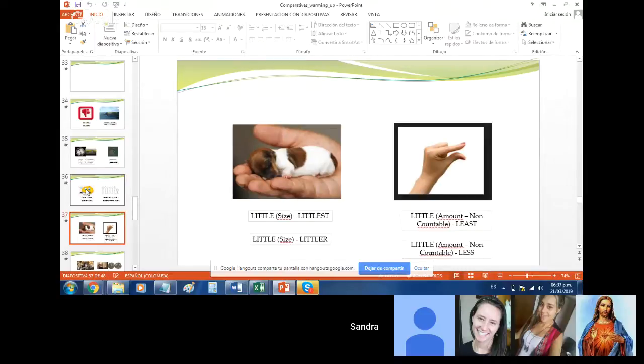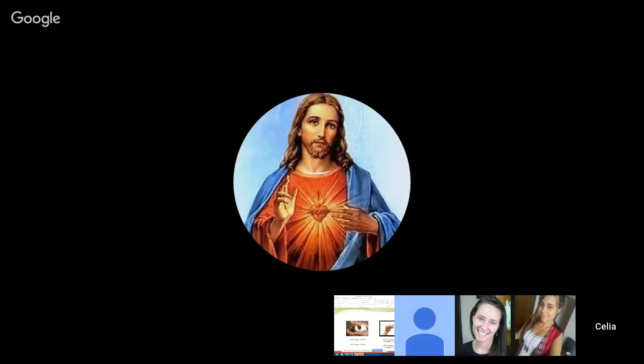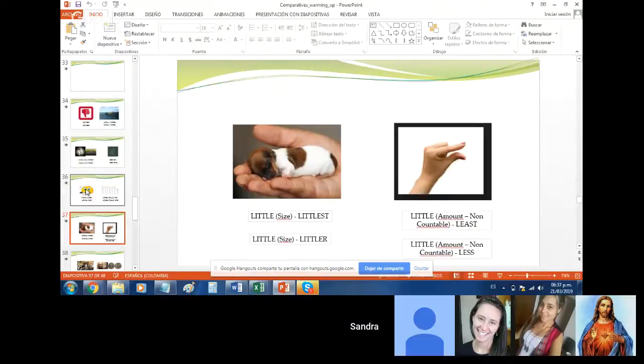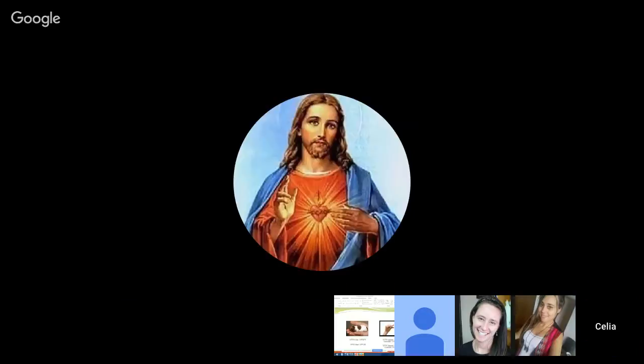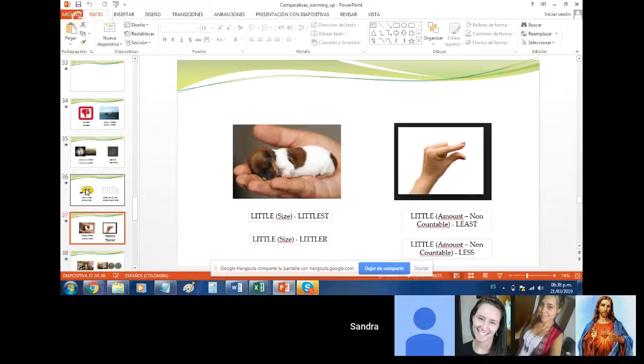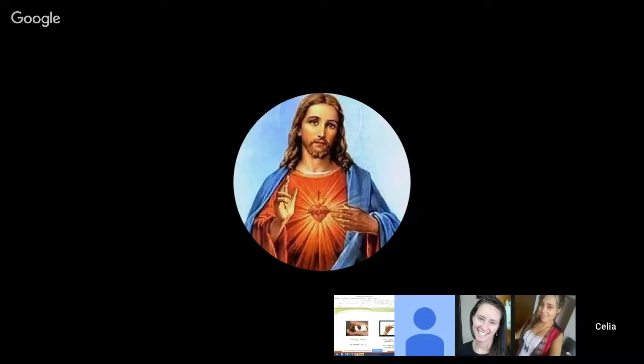Okay, little. In terms of size, we're going to use littlest as its superlative form. And its comparative form, sorry, in terms of countable and non-countable amounts, we're going to use least or little. In terms of comparison, we're going to use less. So Jessica, tell me an example using little in its superlative form.